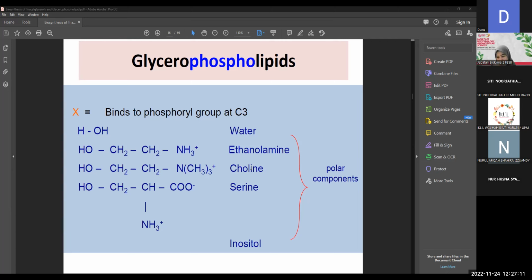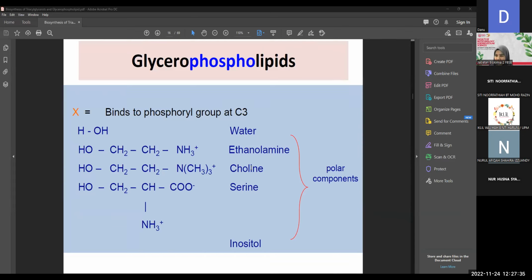Ethanolamine. So now you already know. I didn't put the structure of inositol, but its structure is quite different because it has a ring structure, so it is easier to remember. Only ethanolamine is an amino acid.